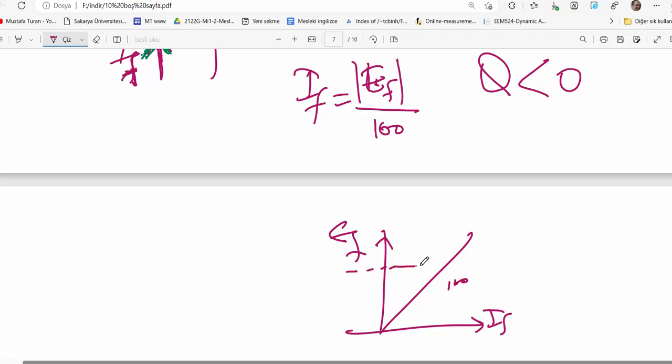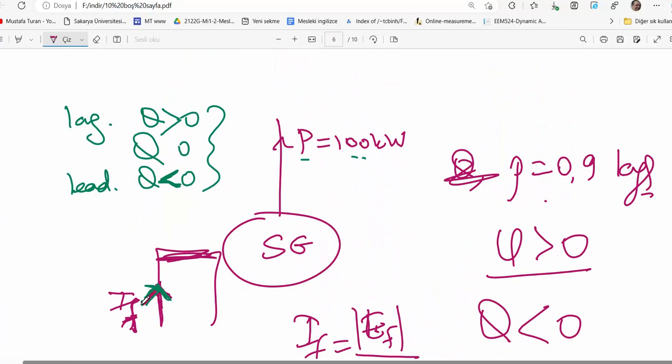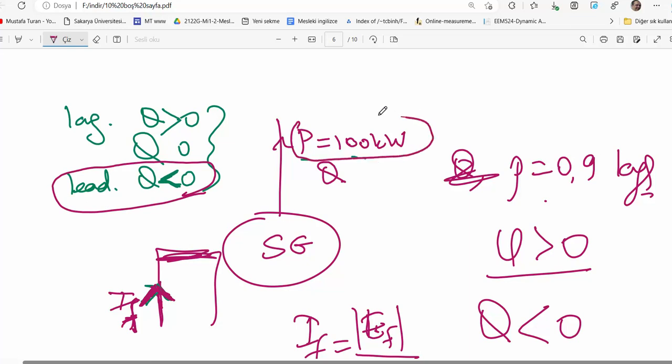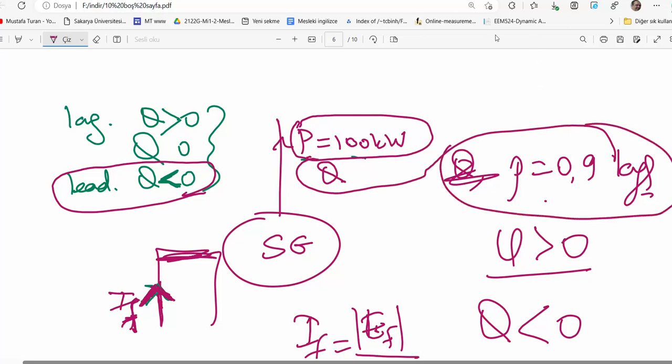To get such an EMF, you need such a current, and if you excite the machine by such a current, you deliver some leading reactive power together with that active power, resulting in such a power factor.